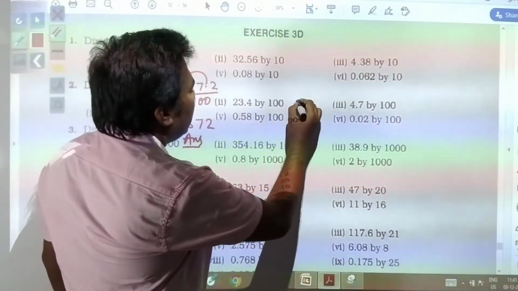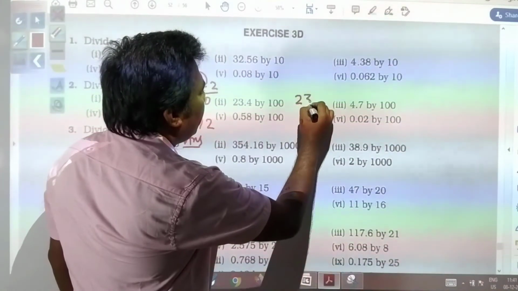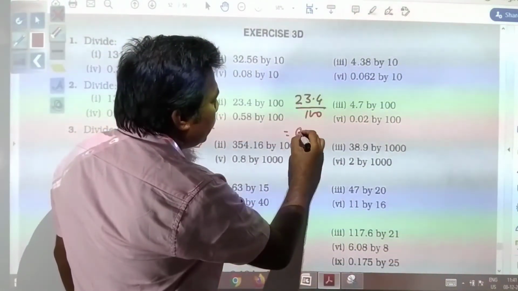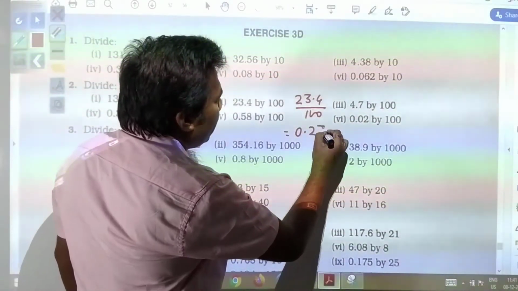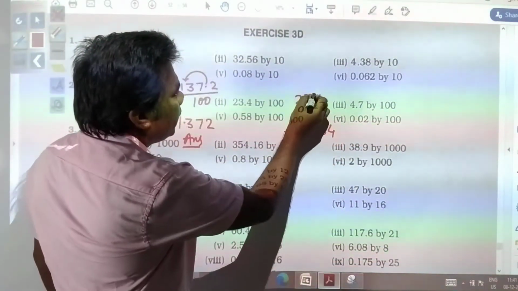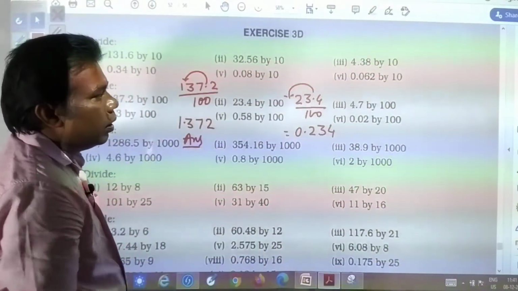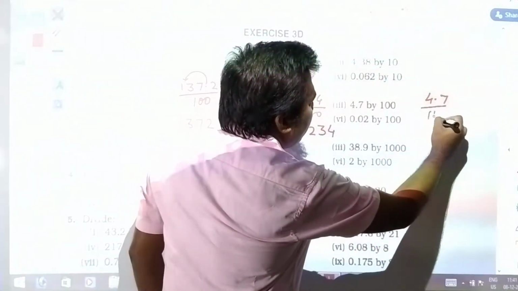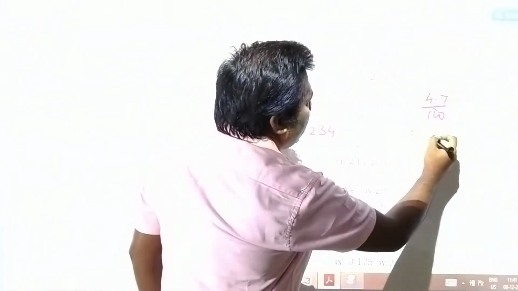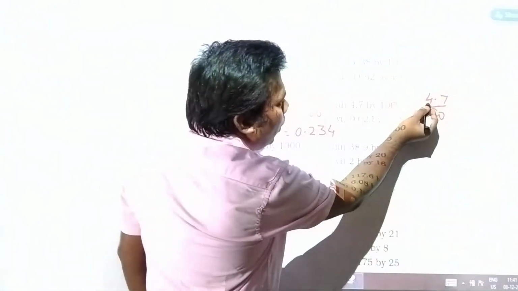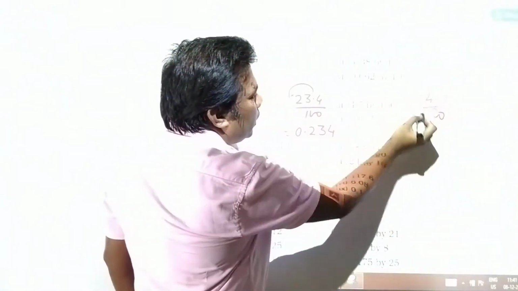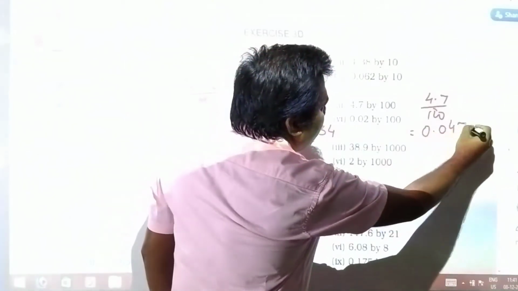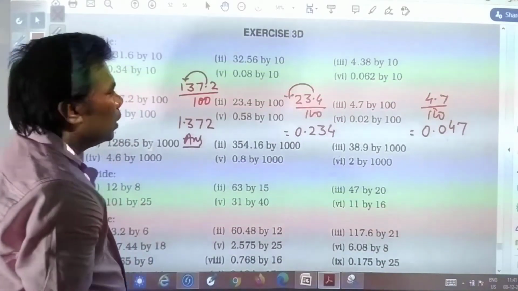Second you see, 23.4 divided by 100, so it will become 0.234. Two places you have come over here. Here you see 4.7 divided by 100 you have, so two places you will come, but only one digit you have, so for the next digit you need to put 0, so 0.047, and this will be your answer.